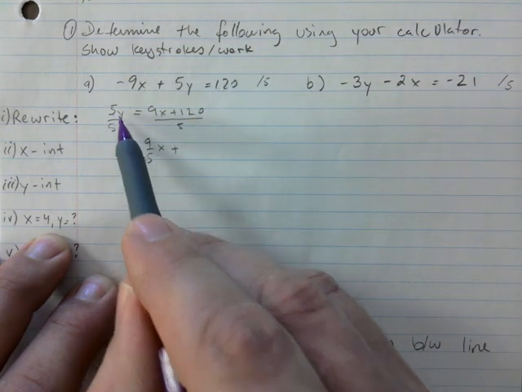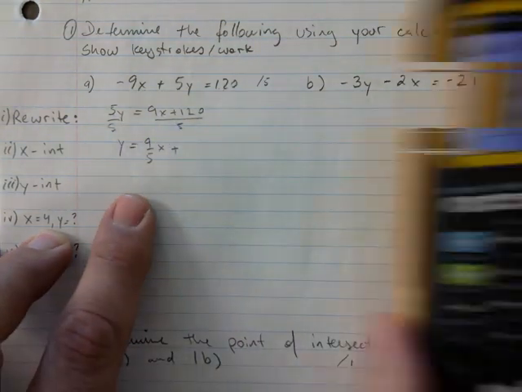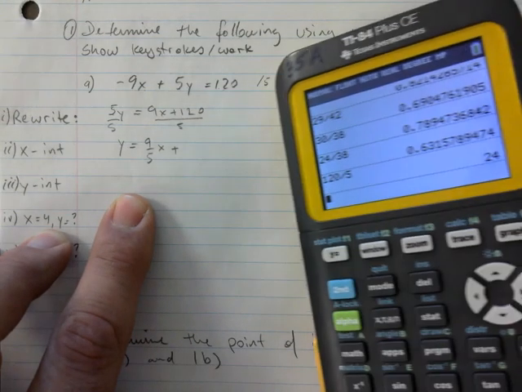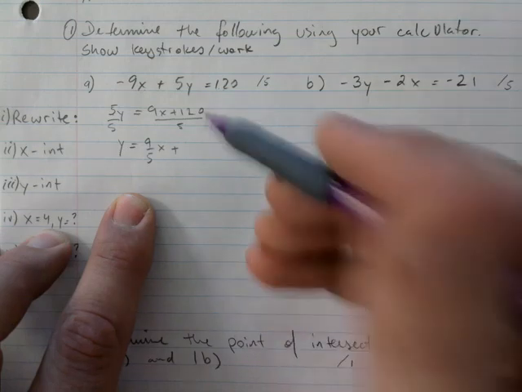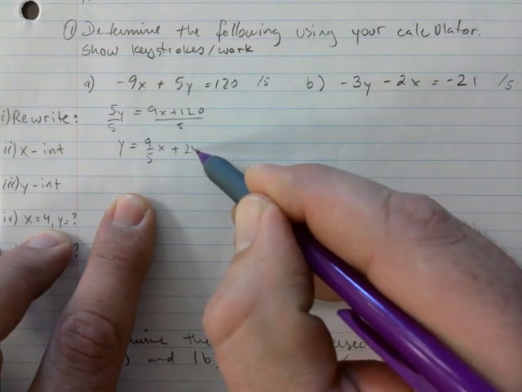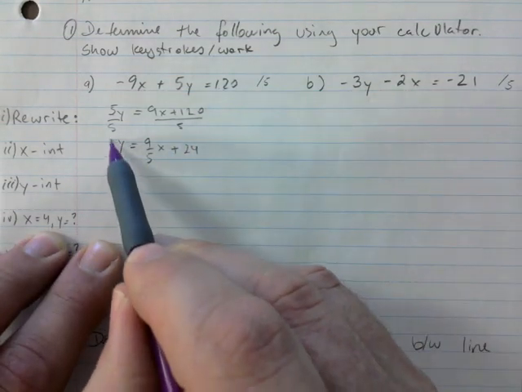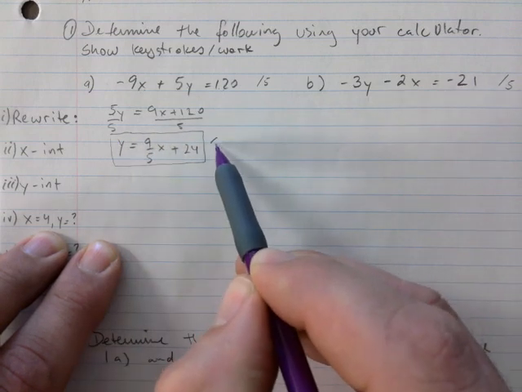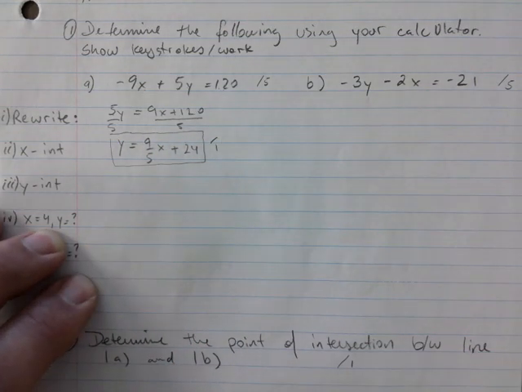There's a 5 in front of the y, so divide both sides by 5. Okay, so that would be rewriting it. I'd give you a mark for that.